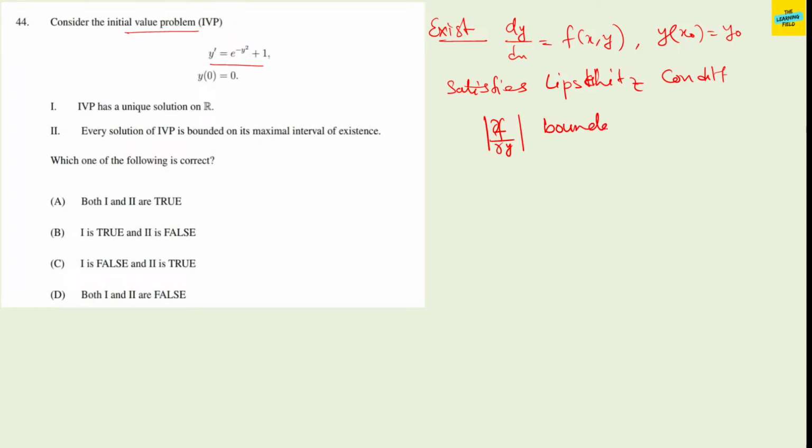Or del f del y is bounded, and in that case this gives a unique solution.